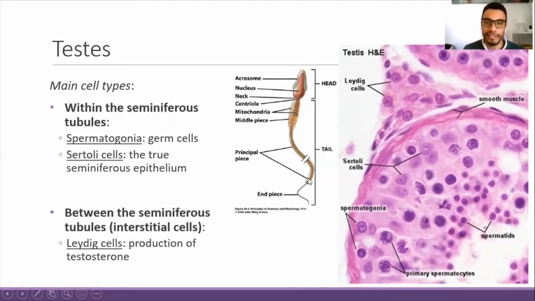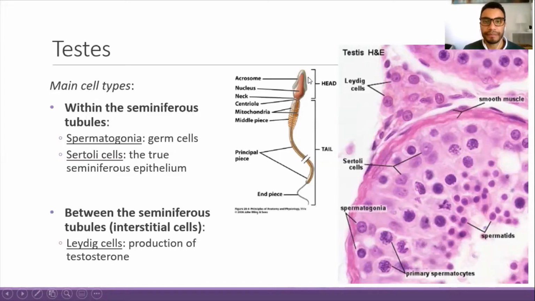This cell here, the spermatozoon, is the germ cell. The spermatozoon has a head and a tail. In the head we have the acrosome. Here is the nucleus, where there is a pack of chromosomes located.